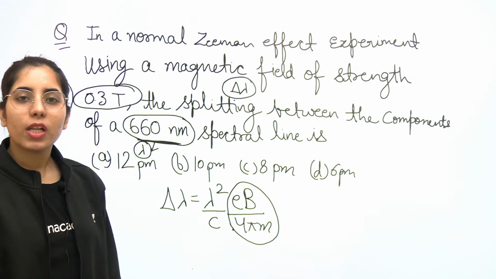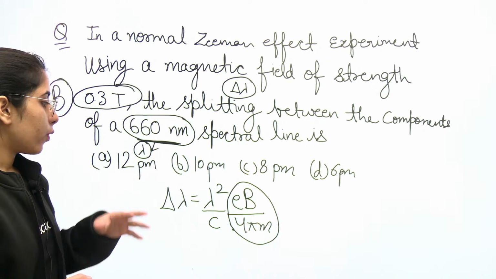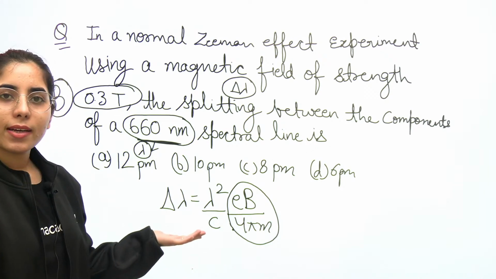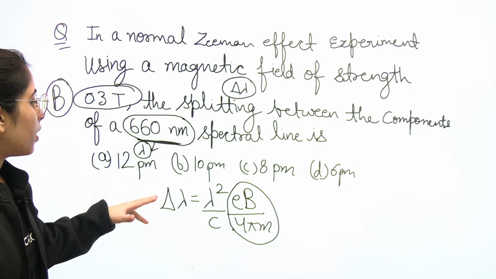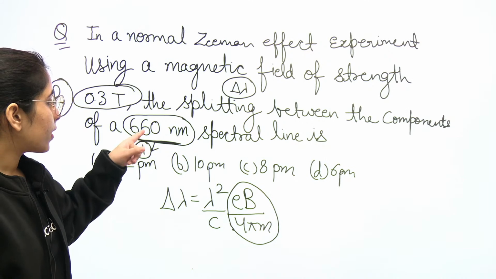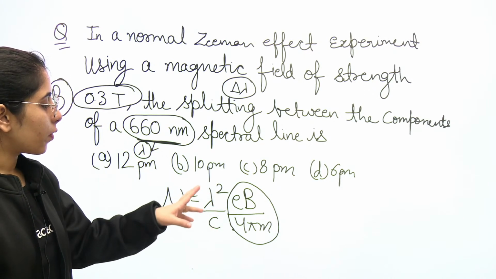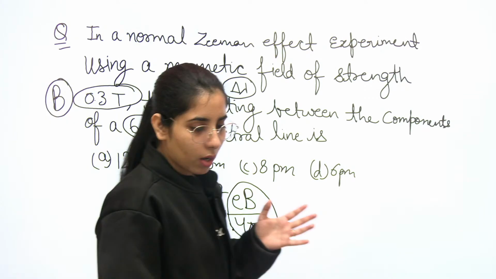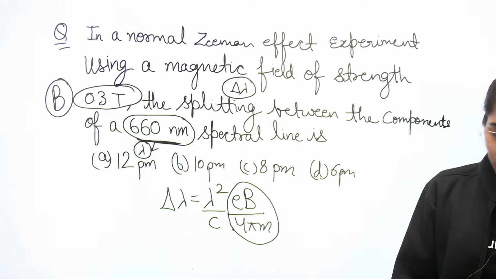So if you have a question based on frequency shift, you just need to find this part. If the question is related to the wavelength shift, you need the complete expression. Here lambda is 660, c is the speed of light, B the magnetic field, e the charge of electron, and m the mass. Now just calculate it and you will get your final answer.